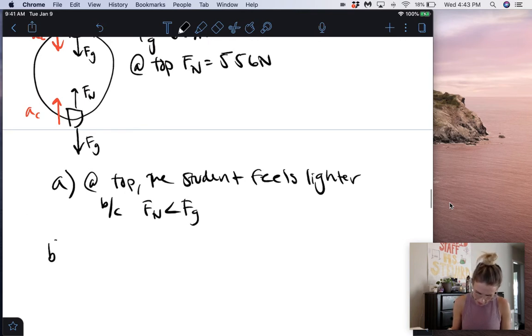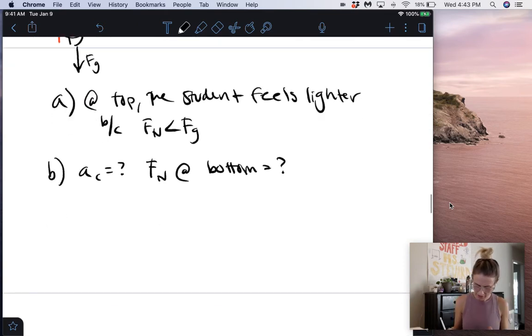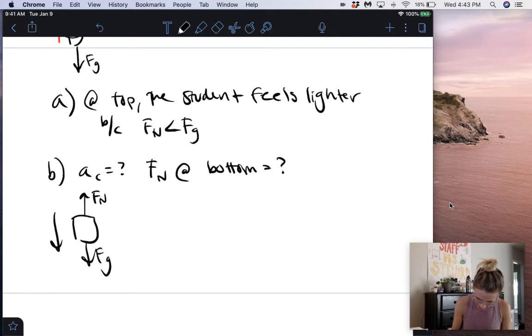So for part B, first we have to find the centripetal acceleration, because we want to know the normal force at the bottom. If I use the information at the top, I know normal force is up, force of gravity is down, and the acceleration is downward. So this is at the top.